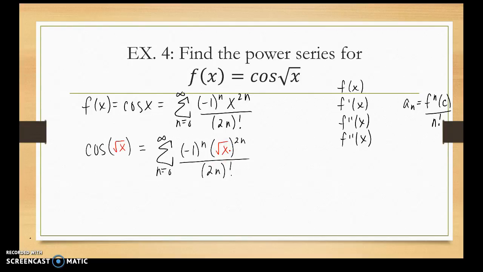Now when I look at this, what's the square root of x to the 2n? Well, the square root of x squared will just become x. So I have the sum from n equals 0 to infinity, and this would just be x^n divided by 2n factorial. The same interval of convergence, the real number line, negative infinity to infinity.